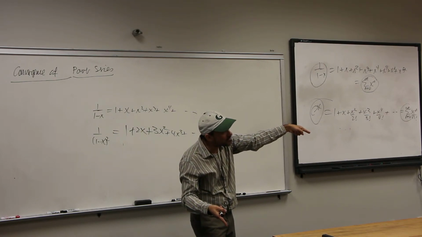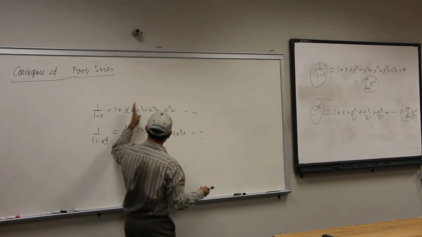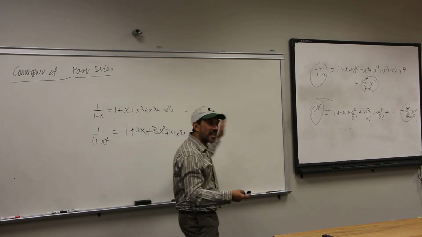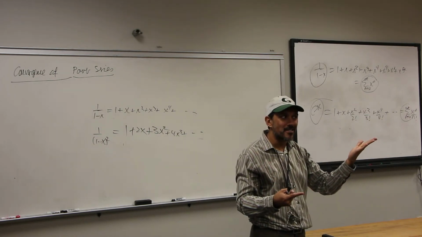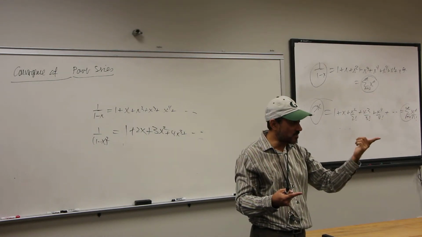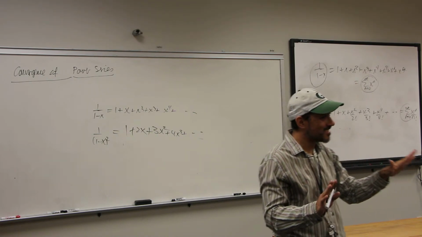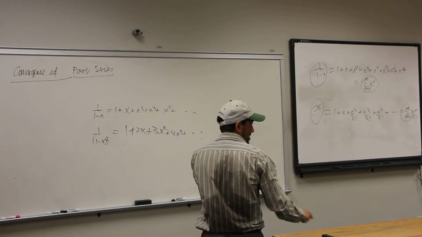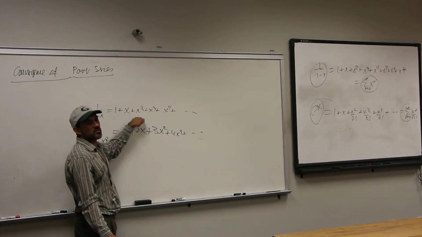Good luck with that. What we say is, why don't we differentiate and then add them all up? Well, now the question is, is that legitimate? It depends. You can only do that where this converges to this.